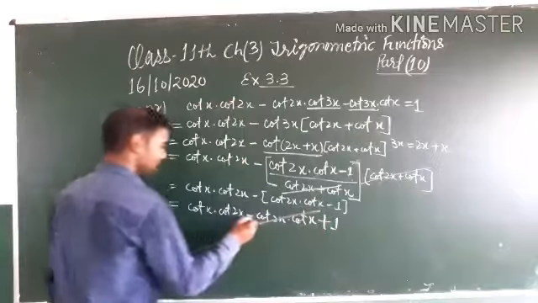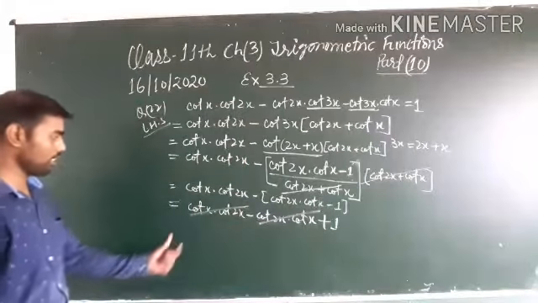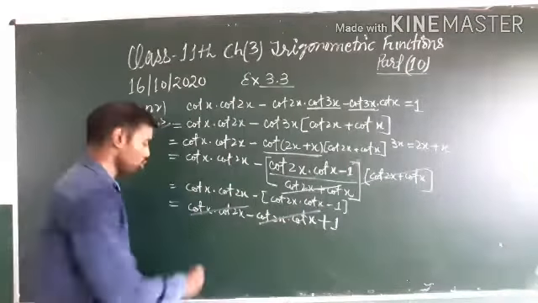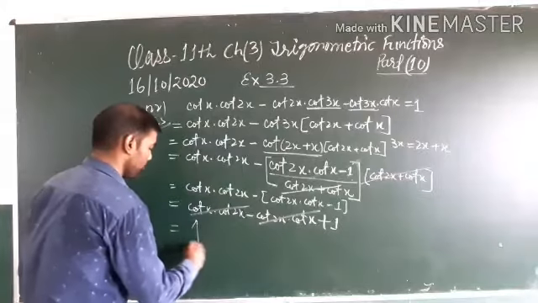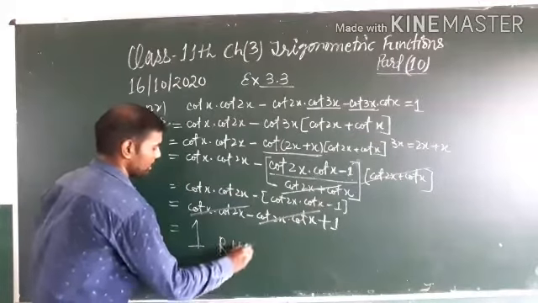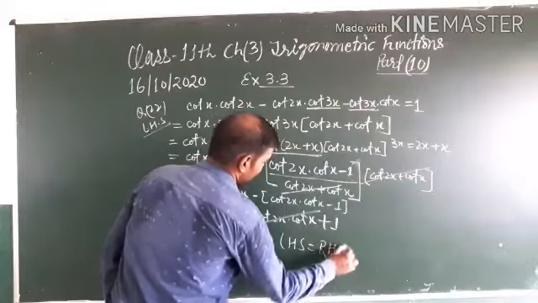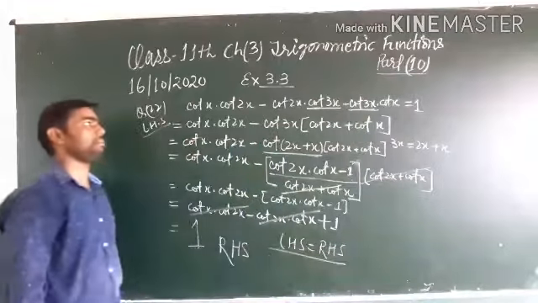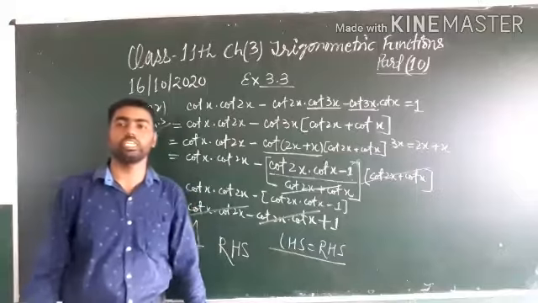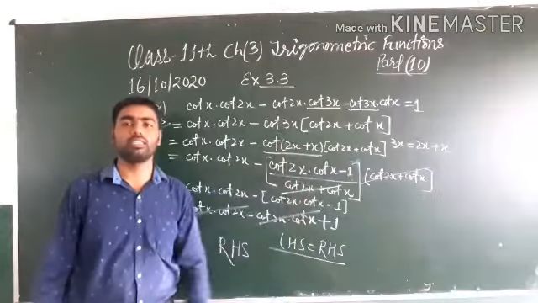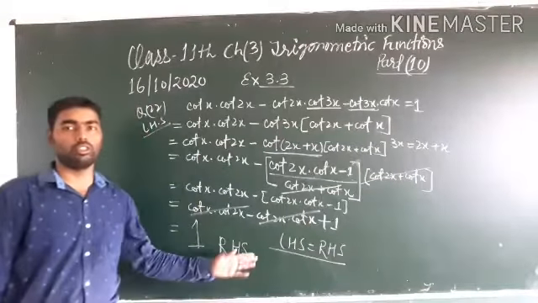This part is cancelled out because one is plus and one is minus. So we get only 1. So this is the right hand side. So left hand side is equal to right hand side. This is the complete explanation of question number 22 of exercise 3.3. To proceed further, please pause the video and note it down.